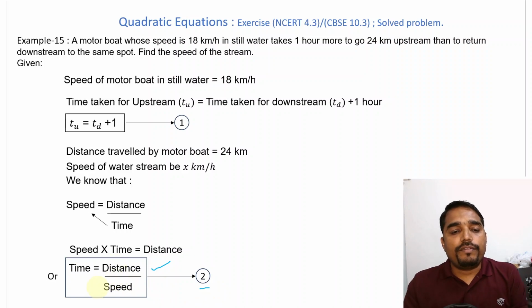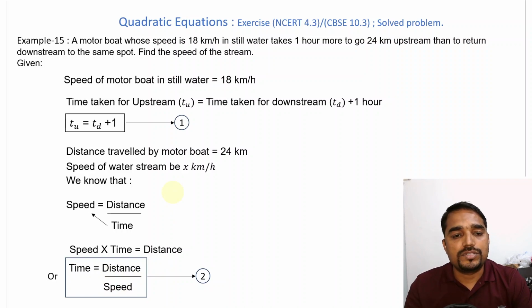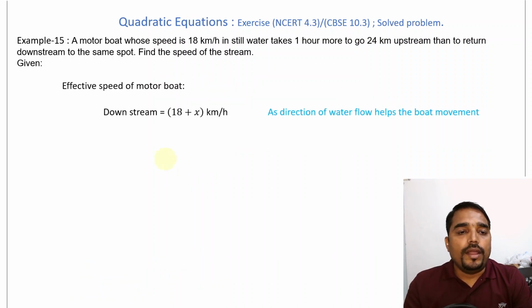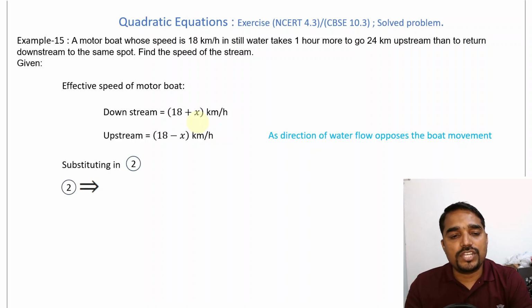In order to find the expression for time for upstream as well as downstream, let us first find the effective speed for upstream as well as downstream. Effective speed for downstream would be, as we discussed earlier, speed of boat in still water plus the speed of water stream, that is 18 plus x. For upstream it would be 18 minus x. Now let us substitute these effective speed values in equation 2.